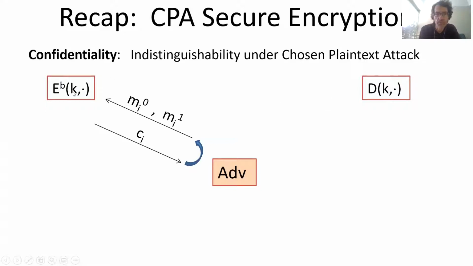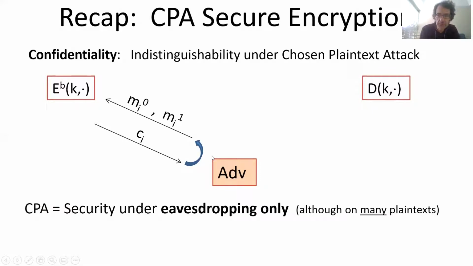It is the adversary who chooses which messages the encryptor will send. The goal of the adversary is to determine which of the two traffic patterns the encryption encrypted. So was this box outputting Cis consistently as encryptions of Mi0, where this bit is B0, or Mi1? So it always encrypts the left or right side of the pair.